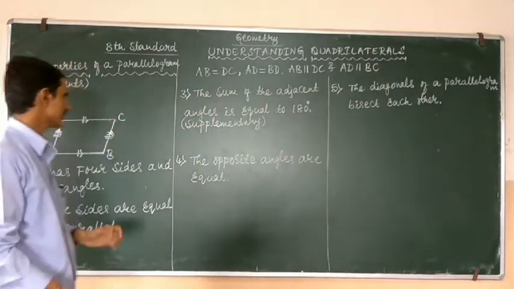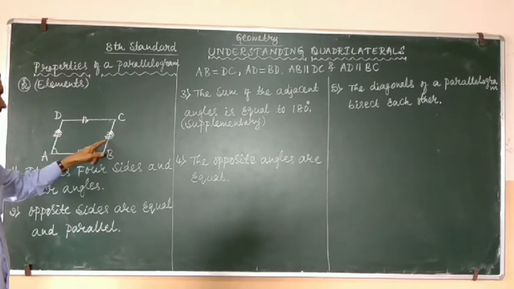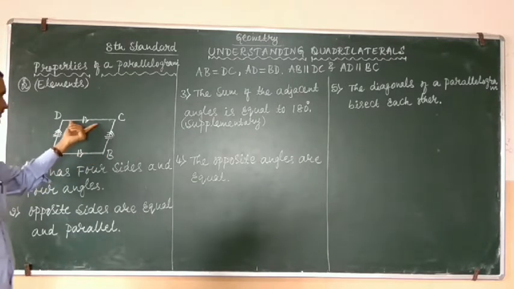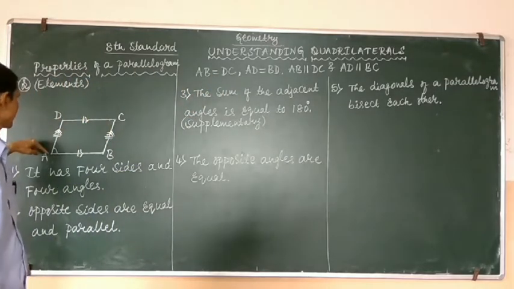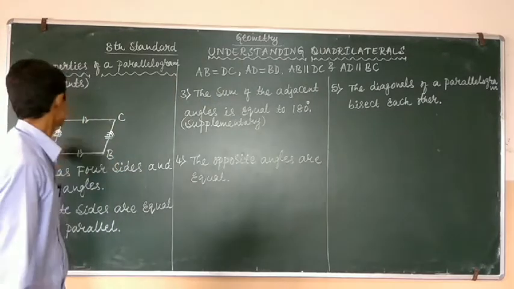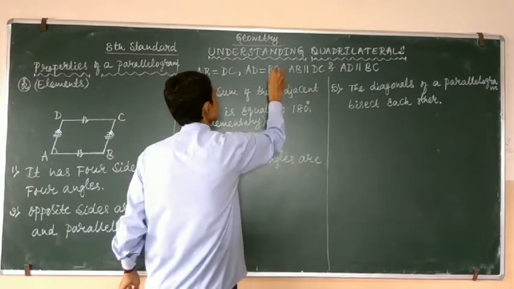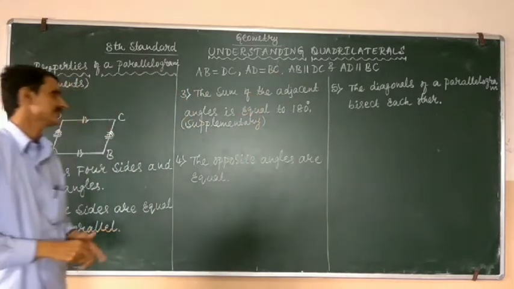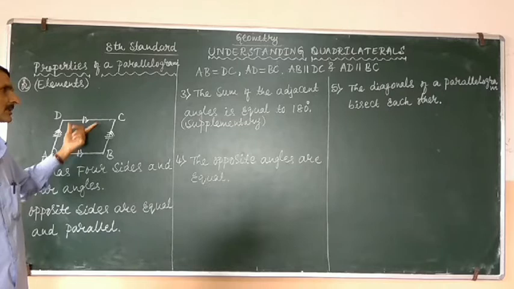So clearly, students, opposite sides are equal. AB is equal to DC, and AD is equal to BC. The same opposite sides are also parallel.